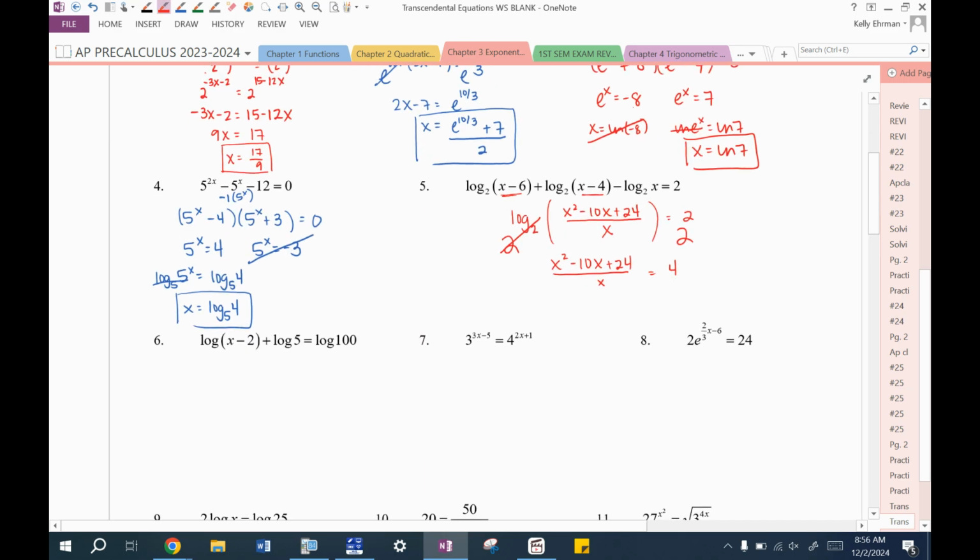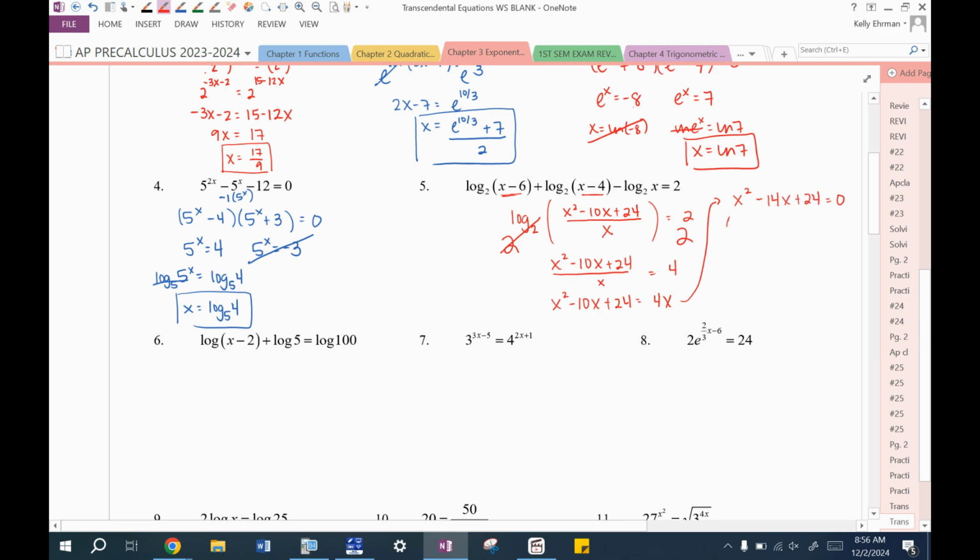Well, I always want to get my variable out of the denominator, so I'm going to multiply it over to this side. So x squared minus 10x plus 24 now equals 4 times x. This is a quadratic equation that we need to get equal to 0, so I'm going to bring my work up here. So if I subtract 4x, I get x squared minus 14x plus 24 equals 0.